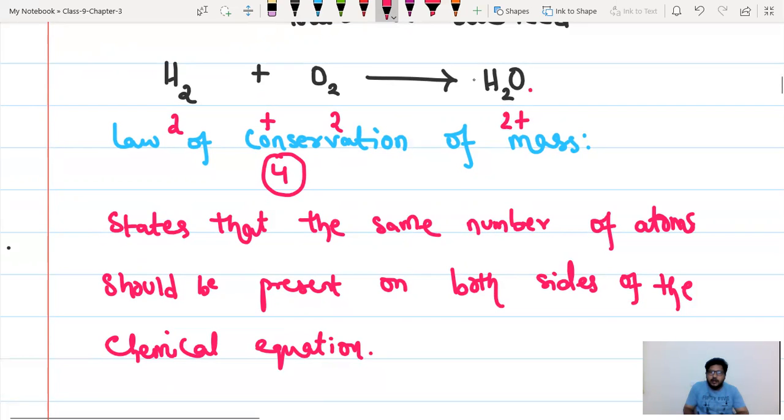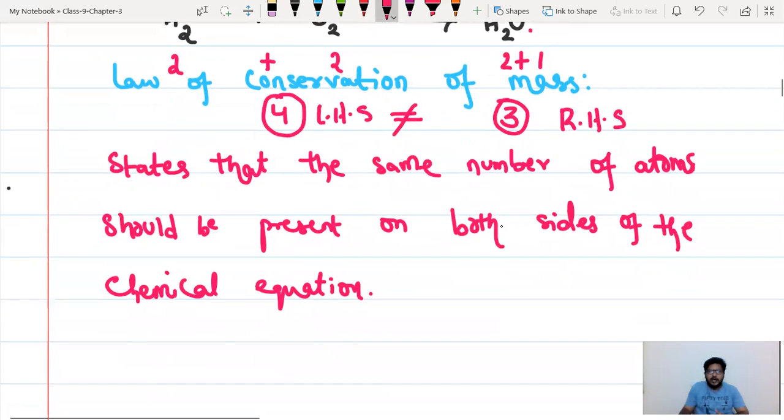No number here, hence it is 1. 2 plus 1, that is equal to 3. So 4 not equal to 3, isn't it? LHS and RHS count should be same. That's what here we are talking about. It states that number of atoms should be present on both sides of the chemical equation, same number.